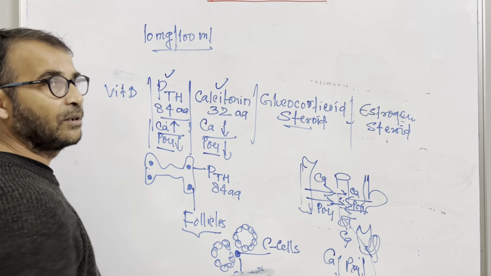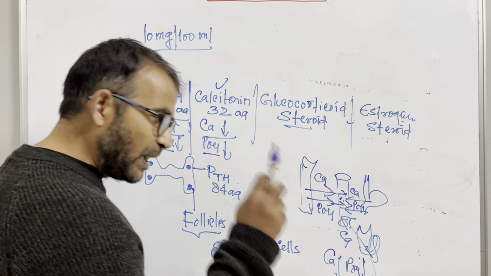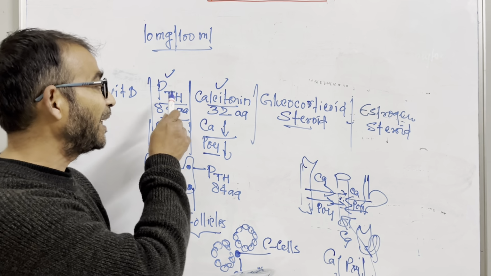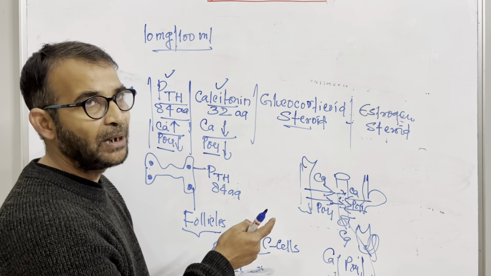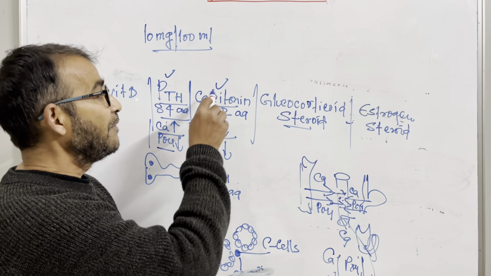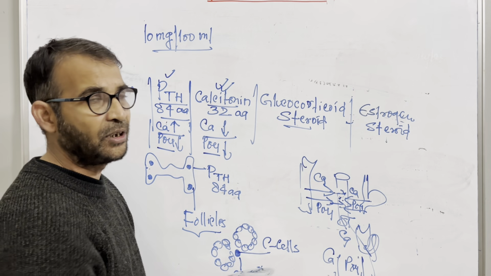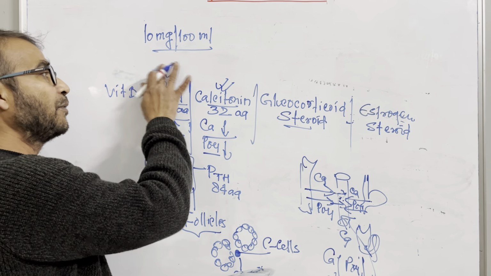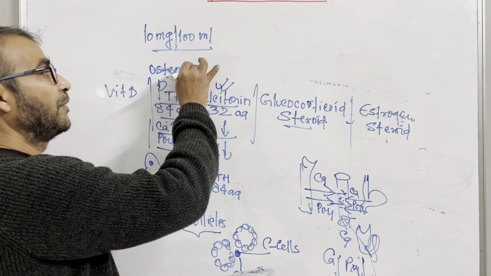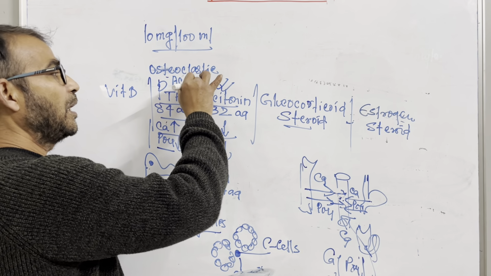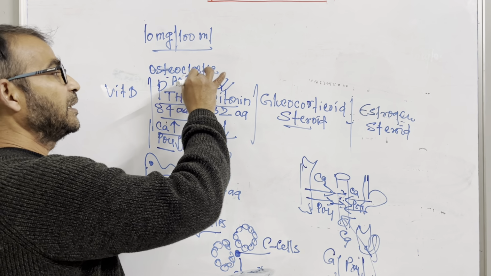This is the role calcitonin plays. You must be very clear about this because this is in your syllabus. Parathormone increases the calcium level by stimulating osteoclastic activity, whereas calcitonin inhibits it. Osteoclastic activity is increased in one case, and decreased in the other.